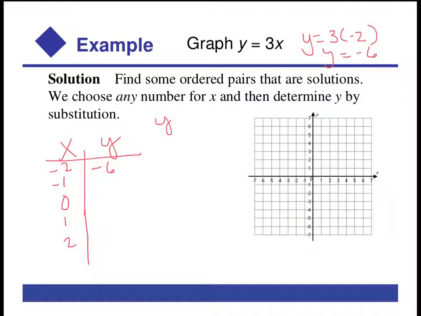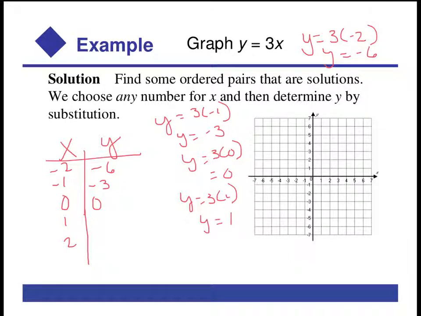Then y equals 3 times -1, that gives me y equals -3. y equals 3 times 0, which is 0. Then y equals 3 times 1, so y equals +3. And then y equals 3 times 2, so y equals 6.